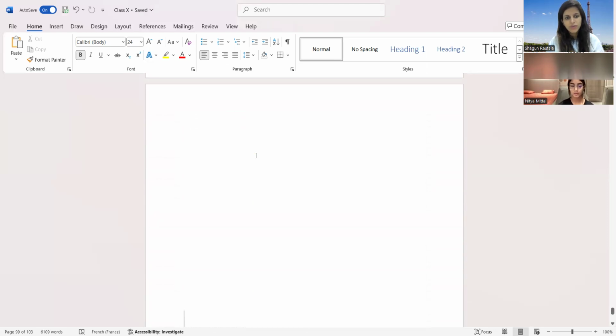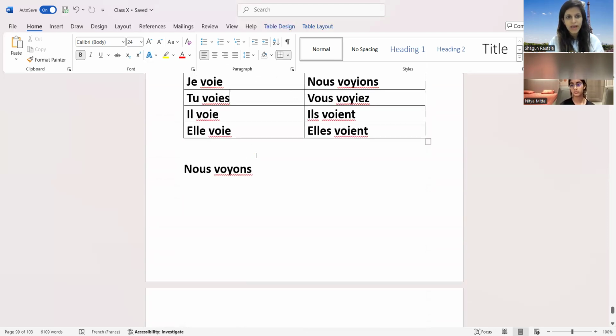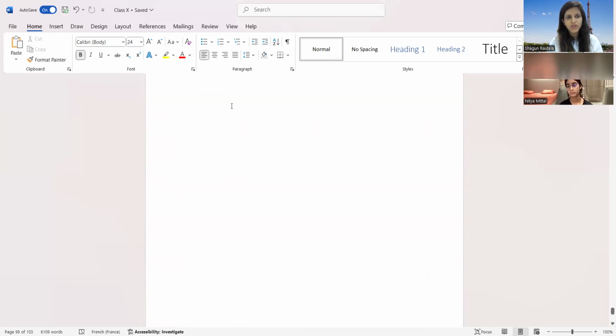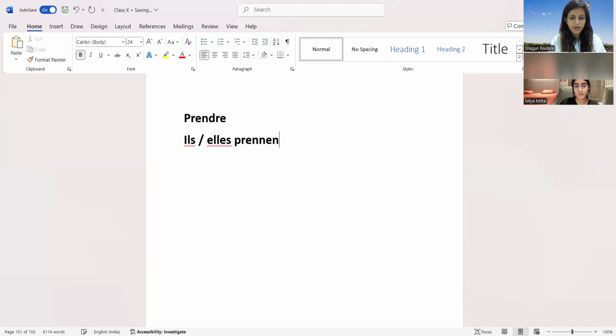So we will do one more verb. Last verb, and I want you to try it yourself. Simple, same pattern, normal. Prendre. First of all, I should know it with ils. What is the conjugation of this verb with ils in present tense? Try. Prennent. Spelling: PRENNENT. Very good.